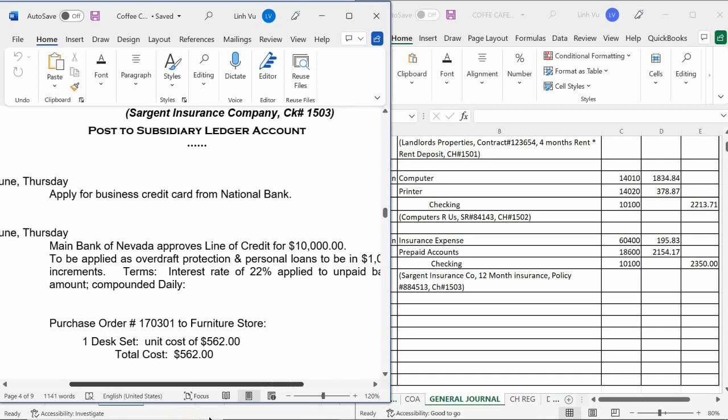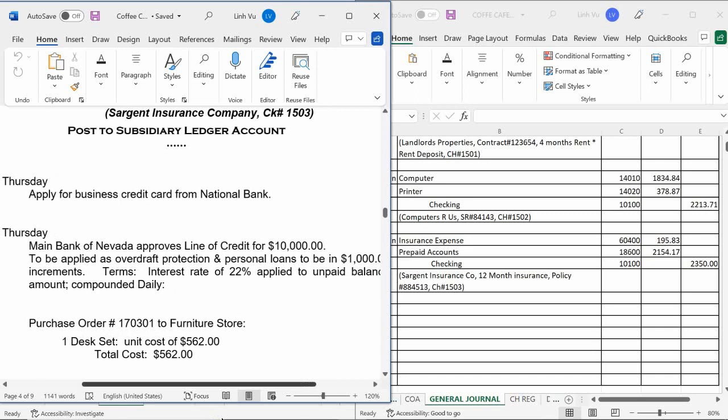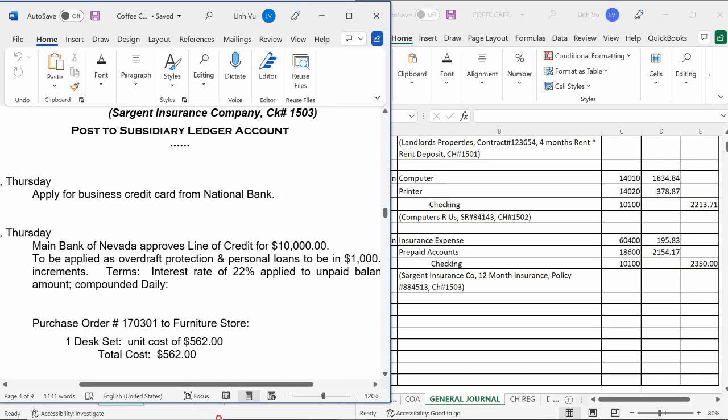So in this case, we got a line of credit for $10,000. What do we do with this?